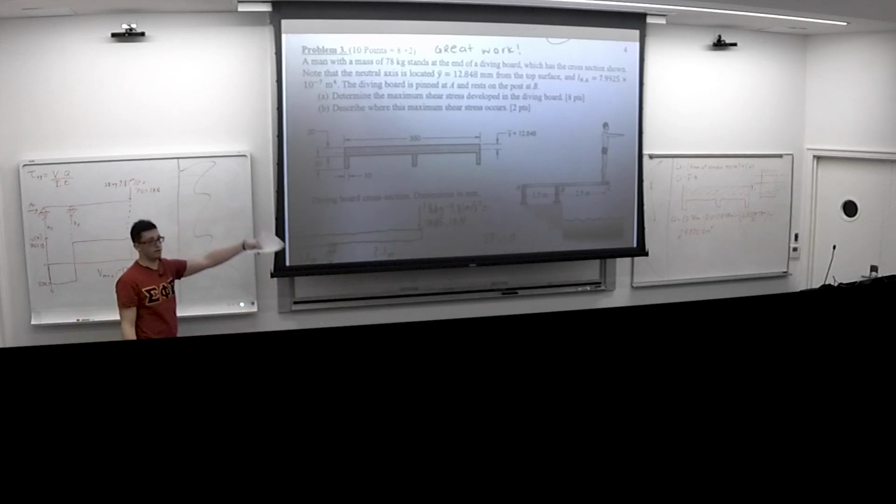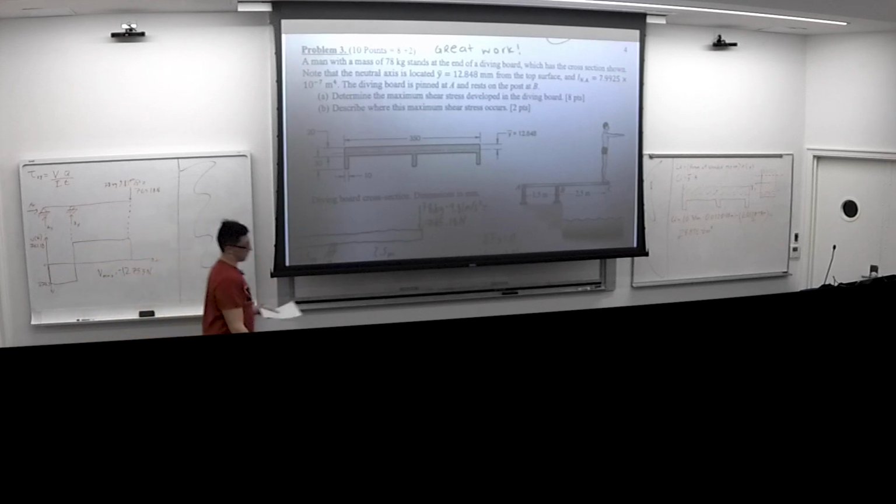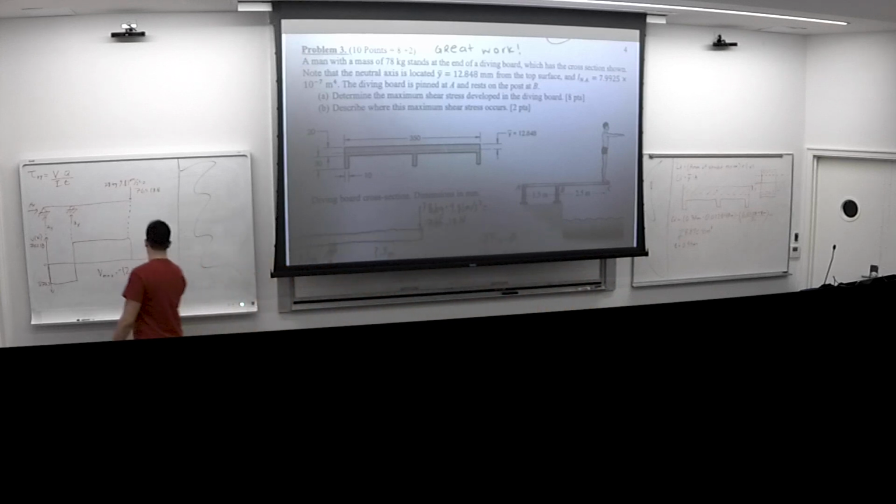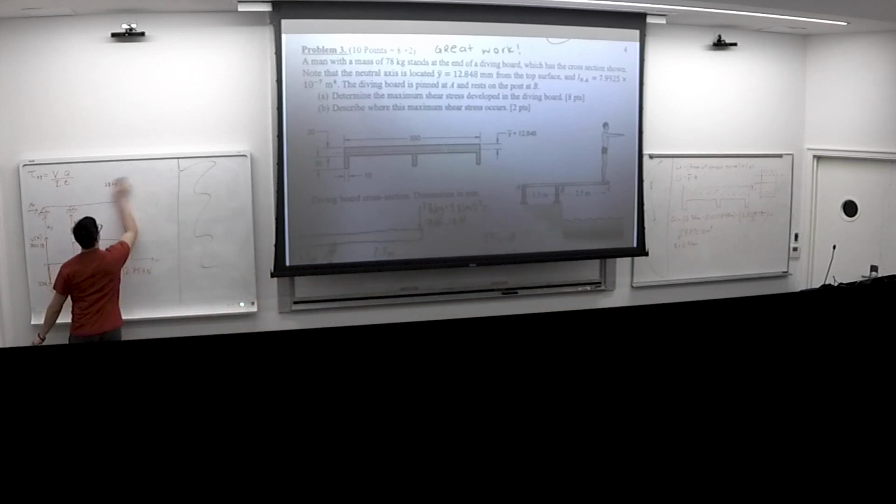But for this one, it's just the 350 across. So now we have the four variables, and we can plug it back in to solve for tau.